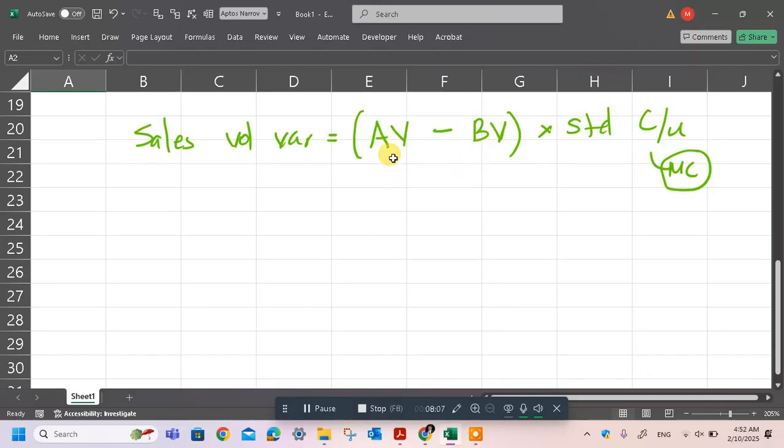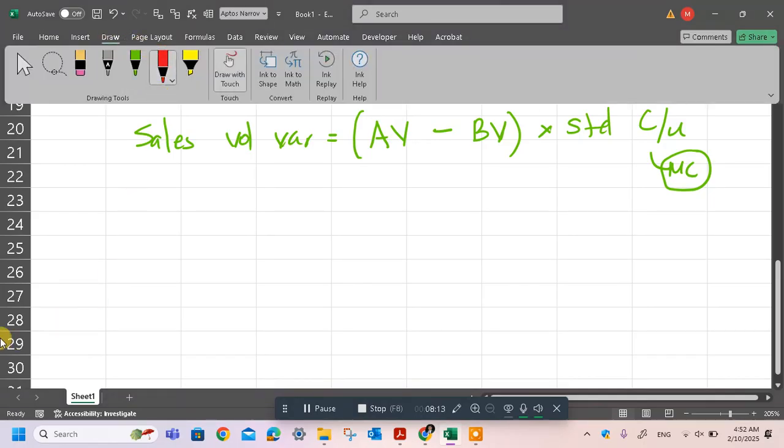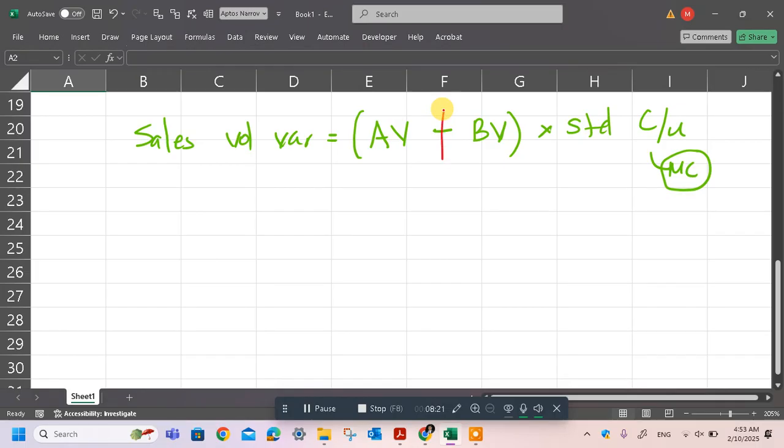Actual volume minus budgeted volume into standard contribution per unit is the formula for basic variance. What we do, if the market size changes, in between, I am going to include something called RBV. What is RBV? Revised budgeted volume.